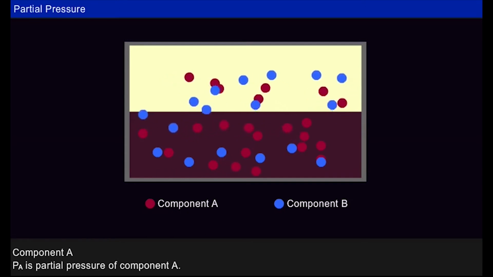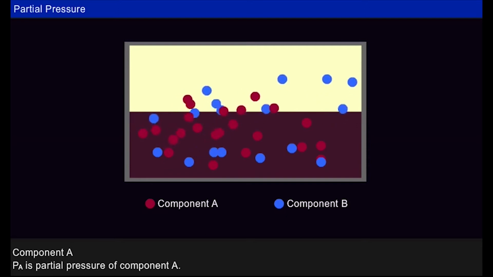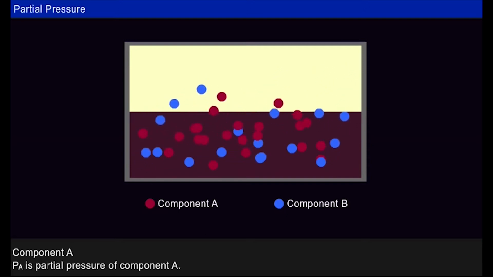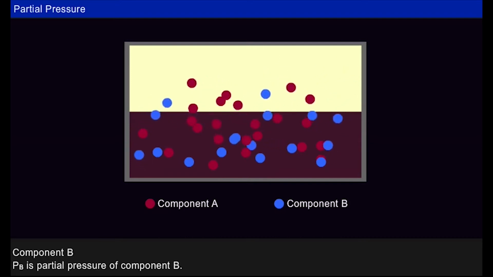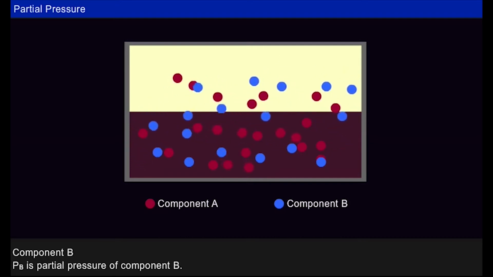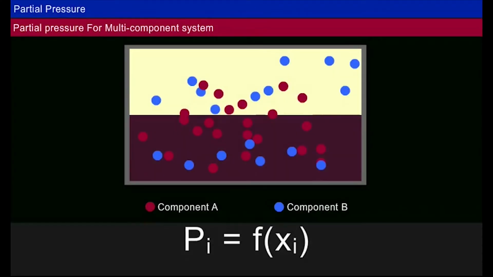For example, the pressure associated with individual component A is called partial pressure of component A and denoted as PA. Similarly, partial pressure of component B is denoted as PB. For a multi-component system, the partial pressure of component i in the vapor phase is equal to a function of mole fraction of component i in the liquid phase. This functional relationship is given by Henry's law and Raoult's law.